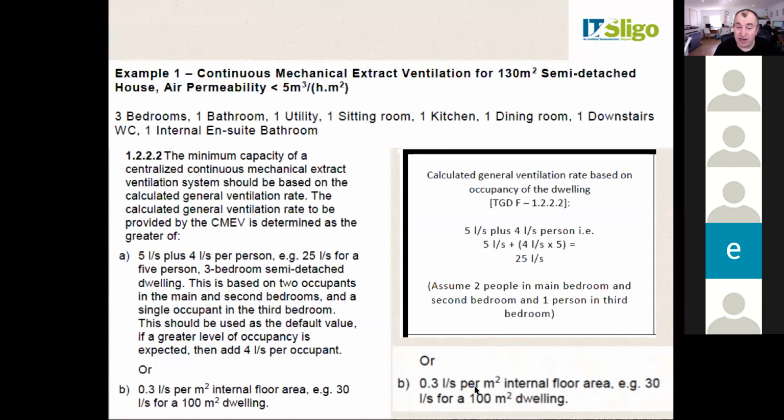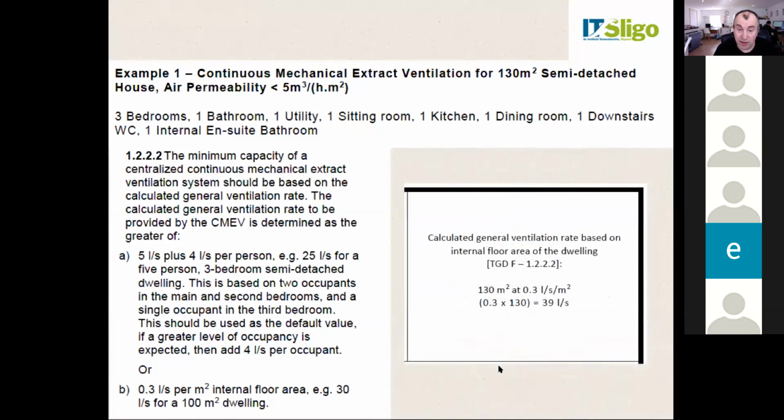So this is how you work out the second bit of the calculation: 130 meters squared, the size of our house, at 0.3 liters per second per meter squared. You multiply 130 by 0.3, and it gives you 39 liters per second.